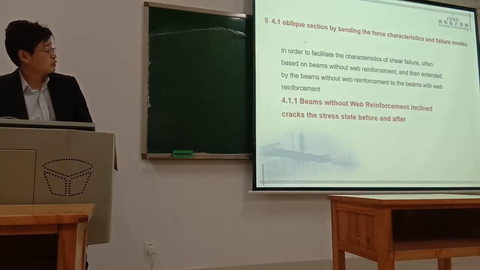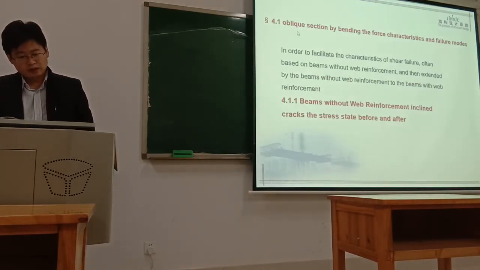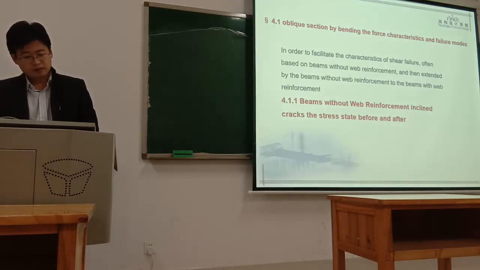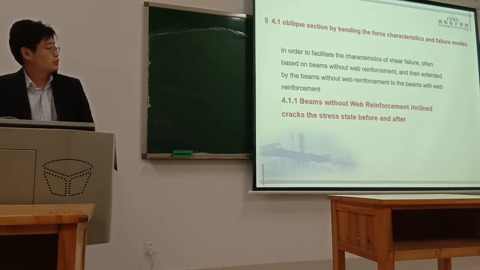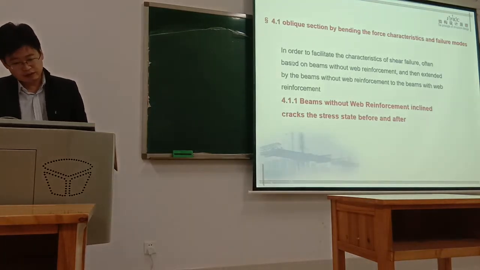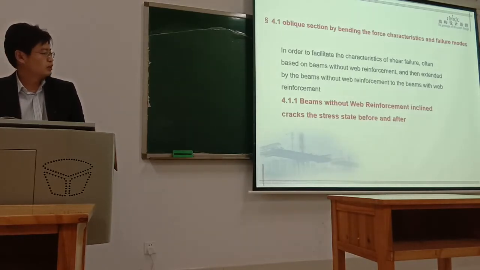So this is section 4.1, the shear capacity of a beam section and its failure mode. So we see, under the action of the load, what type of failure mode will be induced by the shear force. In order to study the characteristics of shear failure, we often use a beam without web reinforcement.